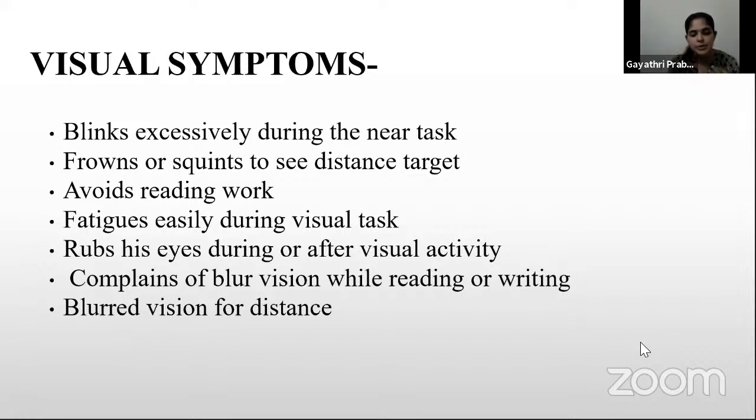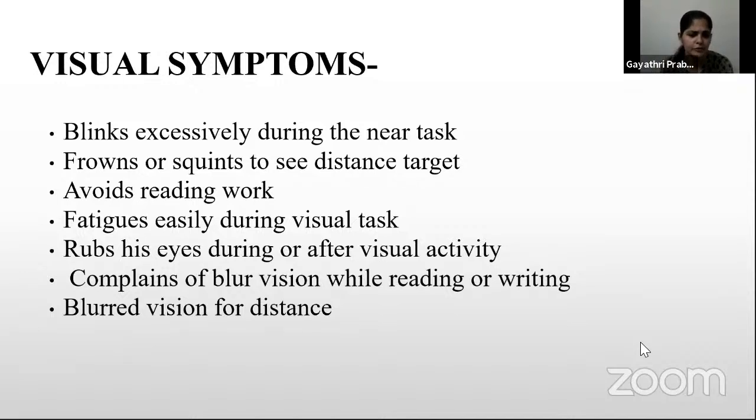Here, the patient will tell that they need to blink to clear up the target, or if they do excessive near work or screen work, the eyes get tired, there is fatigue. They might complain that they need to squint or squeeze their eyes to see the target clearly. Or after a few hours of computer work, when they suddenly look at distance, things are blurred and it takes a while for them to clear up. So these are the various kinds of complaints the patient will come with.